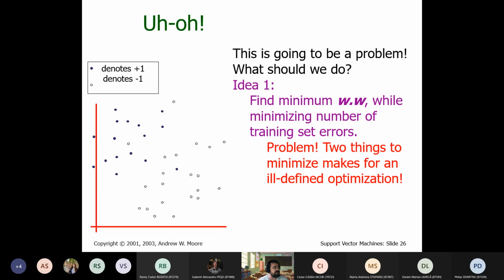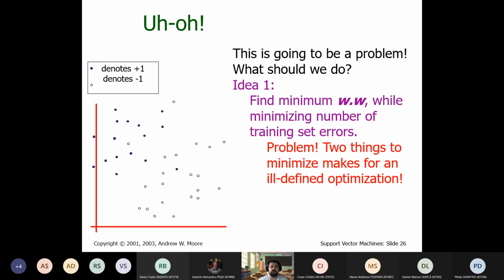So we need to say, okay, which one of these two is more important for us? To minimize the norm of W, or to minimize the number of training errors? Because somehow they are opposing one to each other.